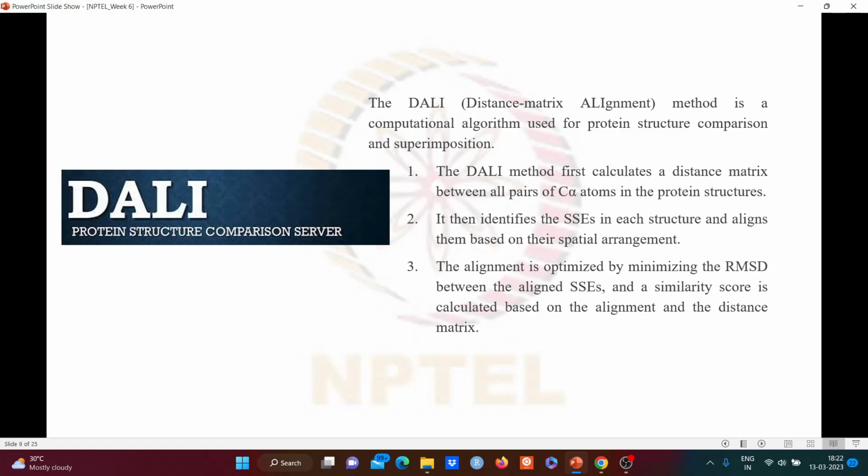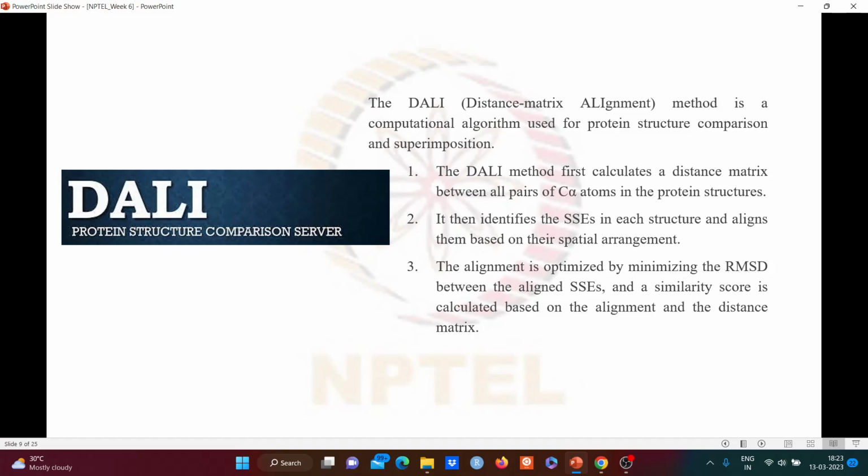It then identifies the secondary structure elements in each structure and aligns them based on the spatial alignment. The alignment is optimized by minimizing the RMSD between the aligned secondary structure elements, and the similarity score is calculated based on the alignment and distance matrix.